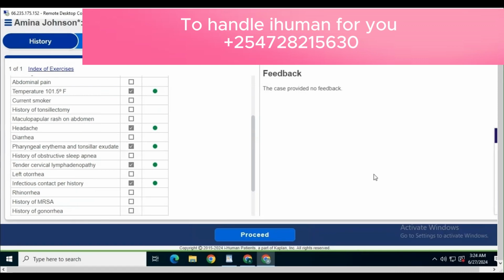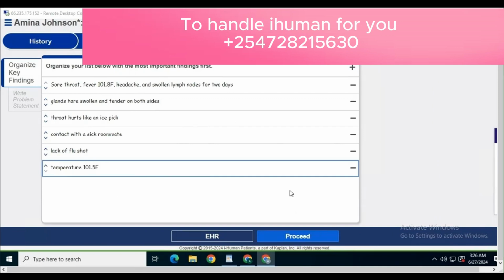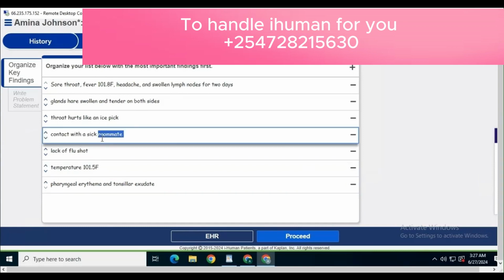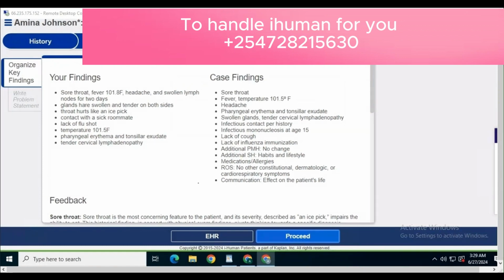And in assessment, the first thing is to organize the key findings. Now at this stage, you have to add more key findings from the physical exam, and then you get the feedback, which is simply a comparison from your findings and the case findings.